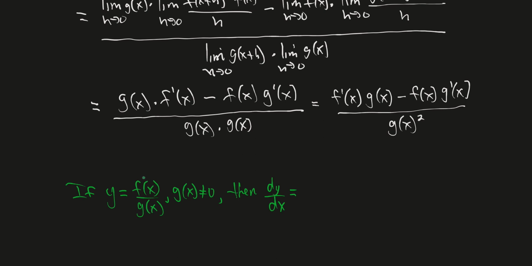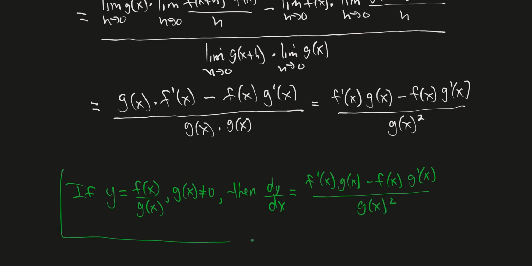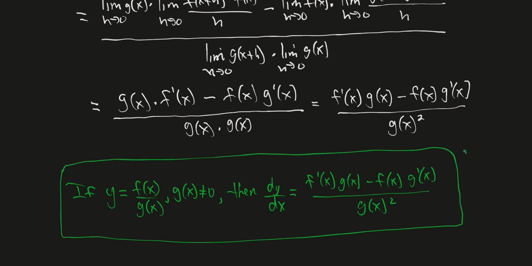I'm talking about the function in the top of the fraction and the function in the bottom of the fraction, and I say it like this: it's the derivative of the top times the bottom minus the top times the derivative of the bottom, all over the bottom squared. And this is the famous quotient rule. It gives us a specific formula for differentiating quotients, all right?